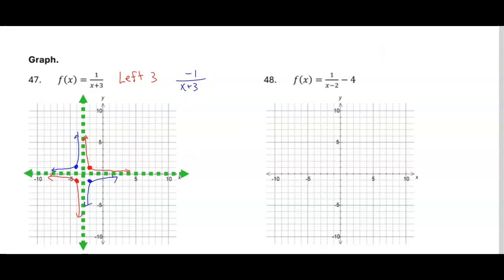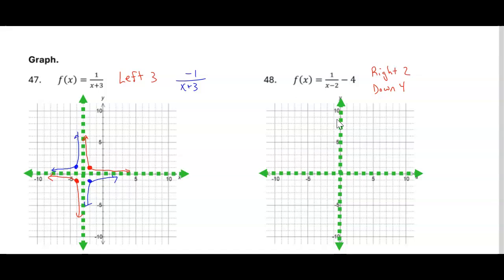All right, so back to number 48. We'll start with our 0 asymptotes. And where are they going to get shifted? Well, the -2 here indicates that it's moving to the right. And the -4 after the fraction is going to be a downshift.